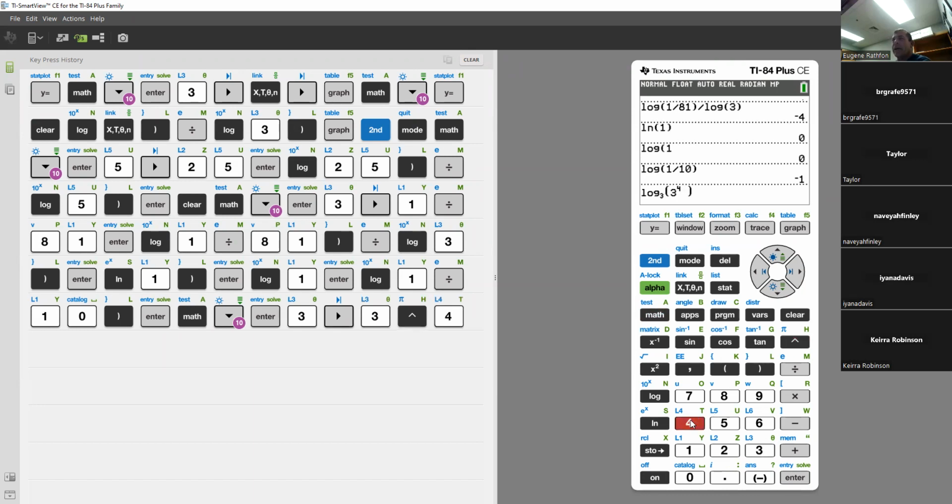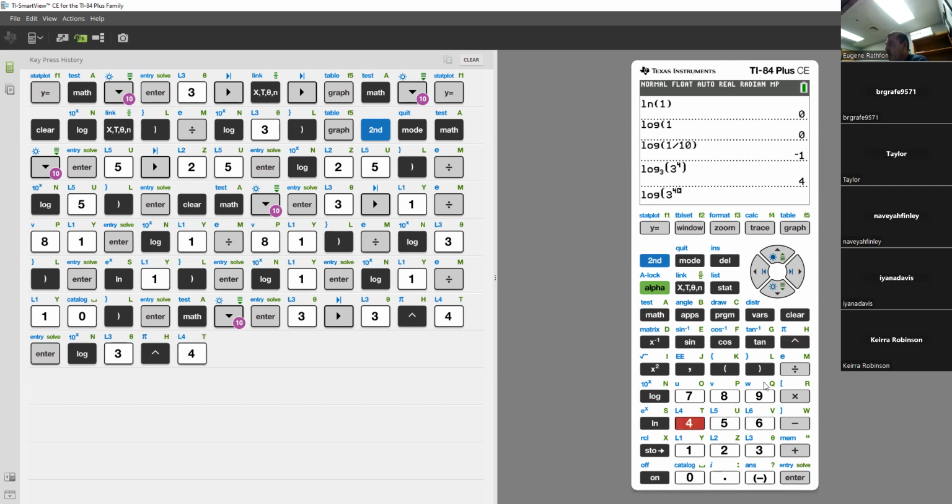Oh, I see answers already. And I'm seeing a 4 up there. So let's see, when we hit enter, we do get a 4. Okay, now the other way, you would have to do what? Log 3 to the 4th. Close those parentheses, divided by log of 3.